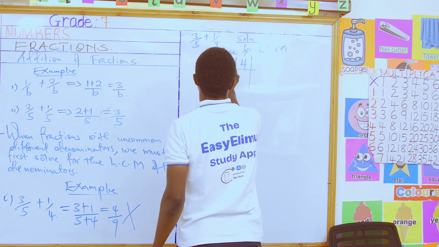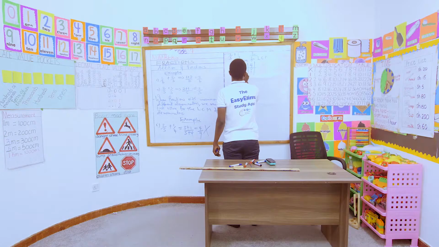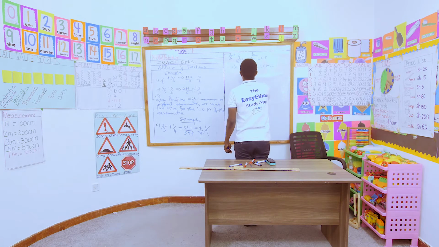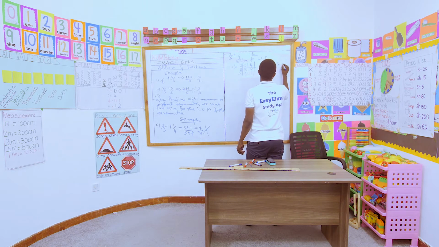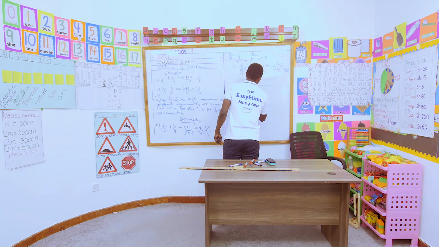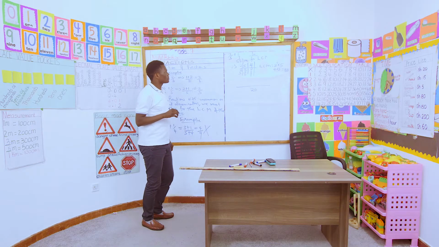So here we have 2, 5, 2, 2, 5, 1, 5, 1, 1. Therefore, our LCM is equal to 2 squared times 5. That is 4 times 5, which gives us 20. Hence, that becomes our common denominator.